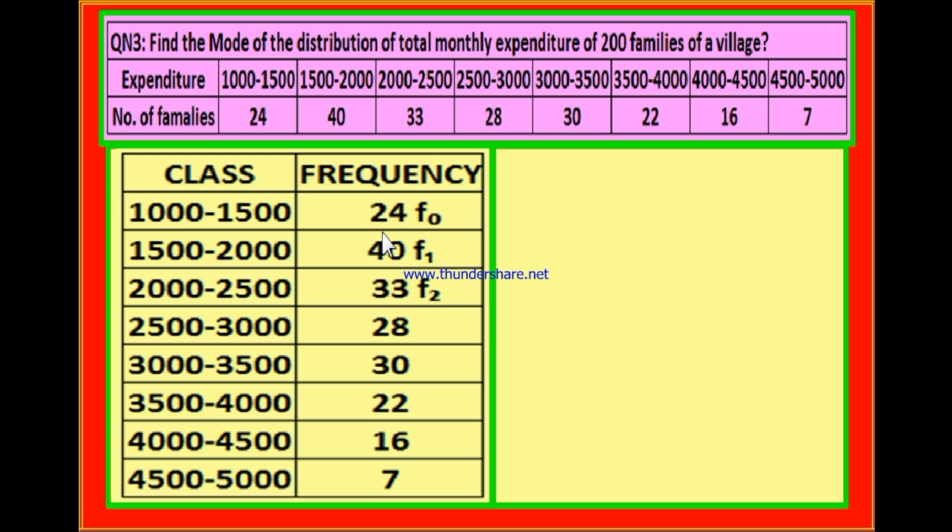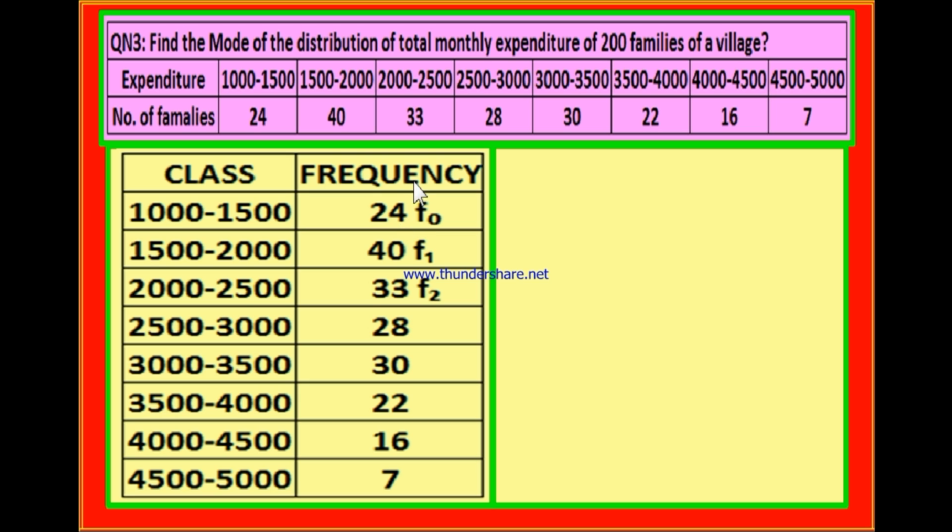Dear children, you just concentrate. If this class has the highest frequency, then this will be F1. We told that the frequency of the class above F1 is F0. But if it is F1, then what about F0? What is the value of F0? Good. The value of F0 is 0 because there are no frequencies below 1000.